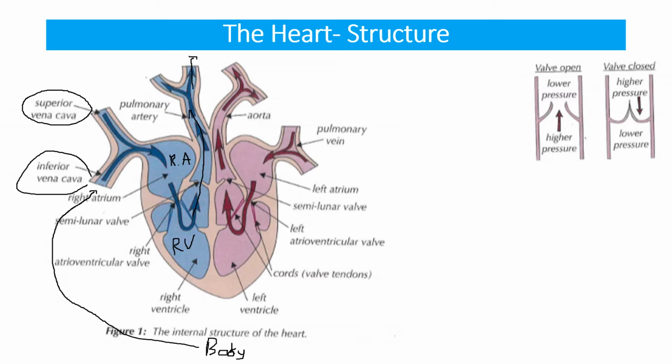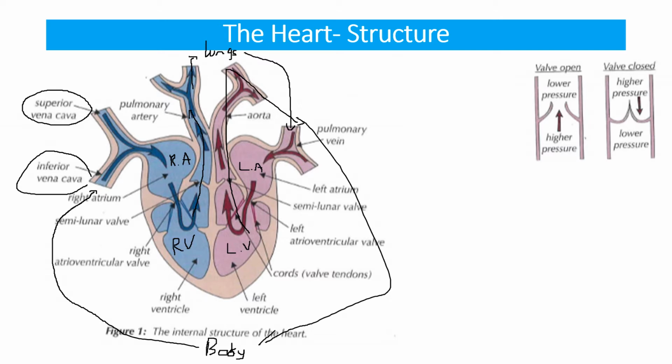It splits into two because there are two lungs, so don't forget that. In the lungs, it collects oxygen and drops off carbon dioxide via diffusion, and then it comes back via the pulmonary vein into the left atrium. That blood then goes down into the left ventricle, and the blood is squeezed at extremely high pressure and goes out through the aorta to the body. So it goes back around to the body, and that can be up to your head as well.